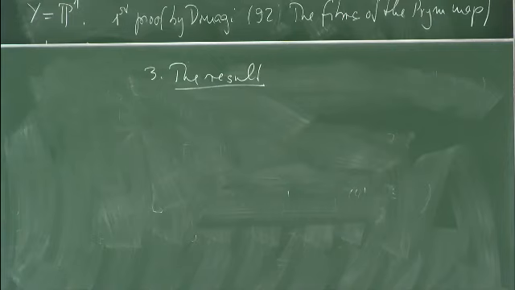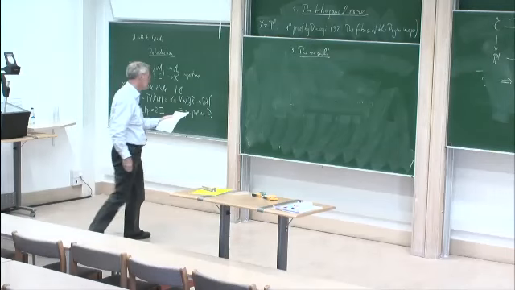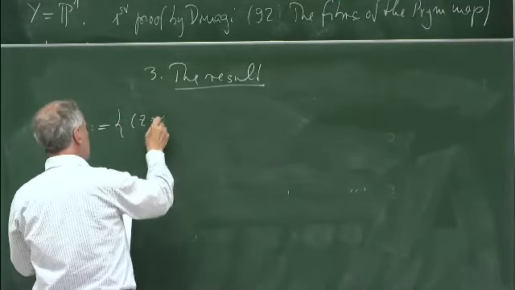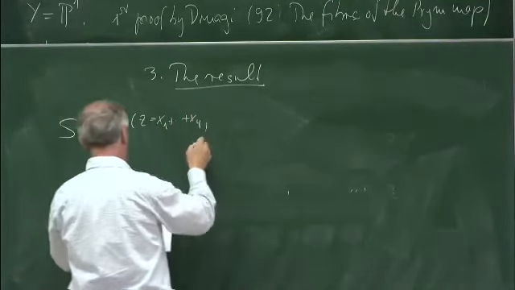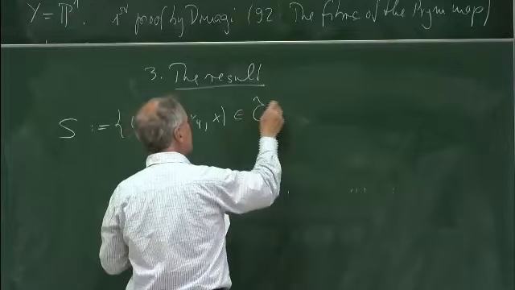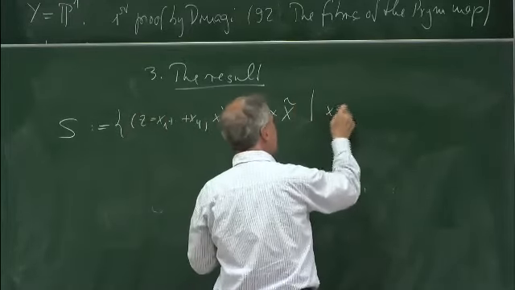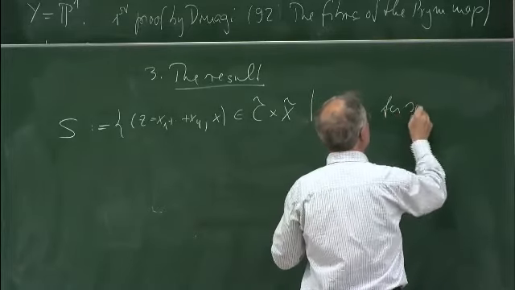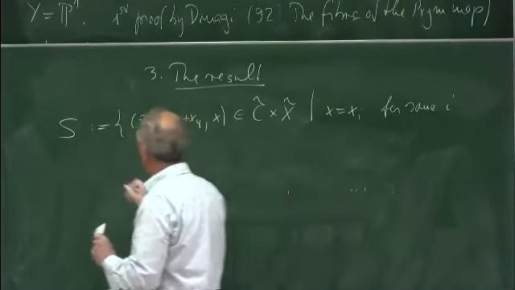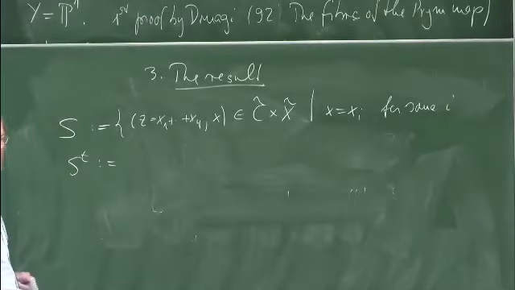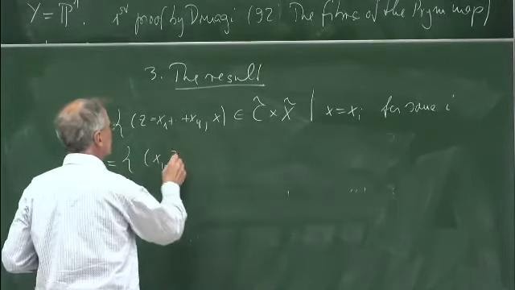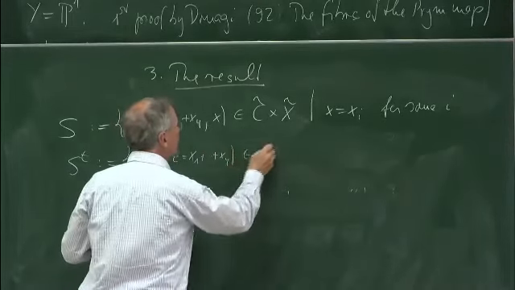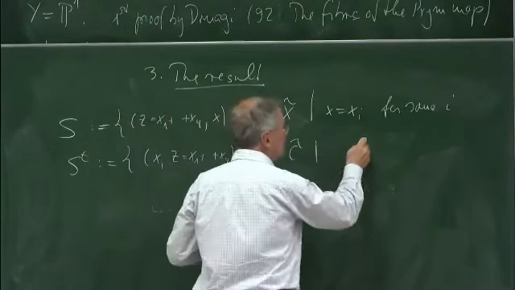And what we do is give an explicit correspondence, which we call S: Z equal to (x1 plus ... plus x4, x) in C tilde cross X tilde, such that x is xi for some i. That's the incidence correspondence for some i. And we call S transposed the transposed correspondence: (x, x1 plus ... plus x4) in X tilde cross C tilde with the same condition.